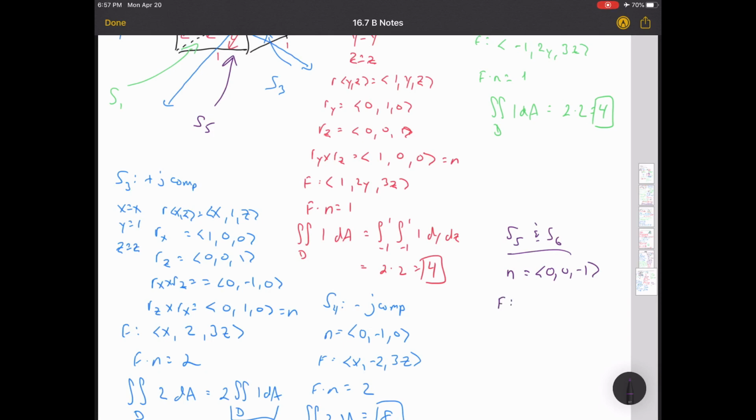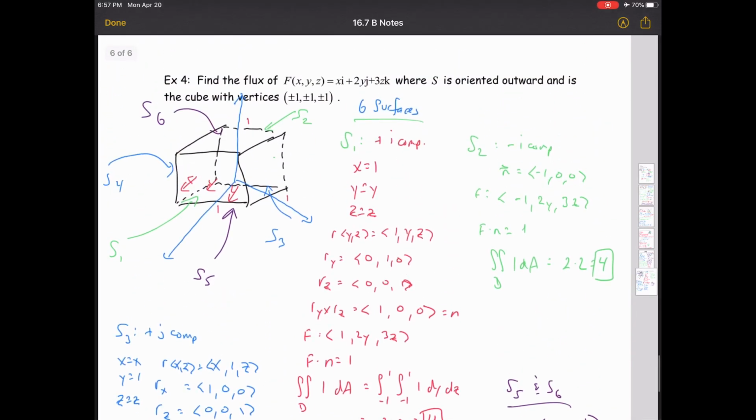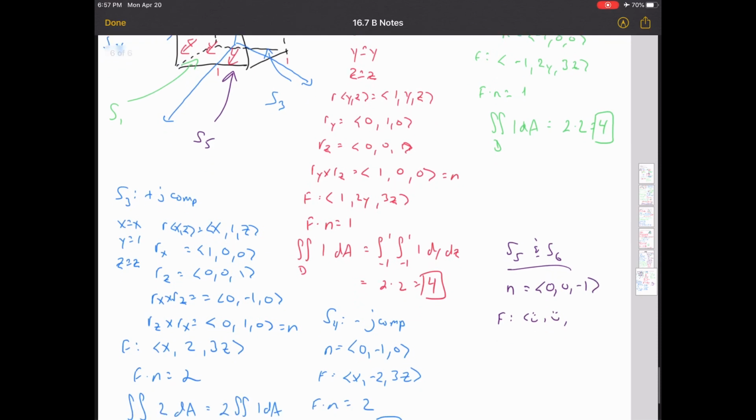F, parameterized, well again, z is -1. Does it really matter what the x and y are here? Not really, because when I dot them, it's going to be multiplied by 0. So I do know that my z component is -1. So that was negative, so it's going to be 3 times -1, or -3.